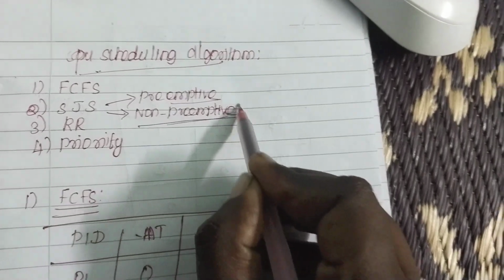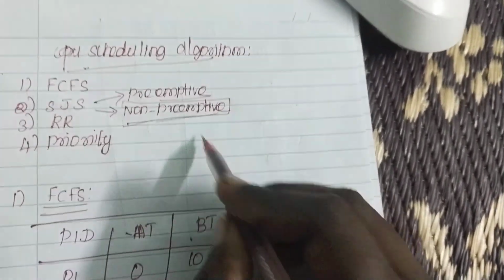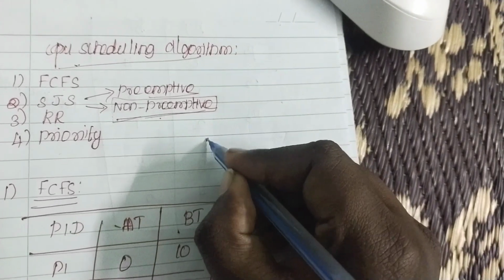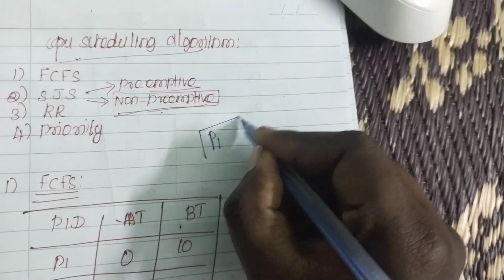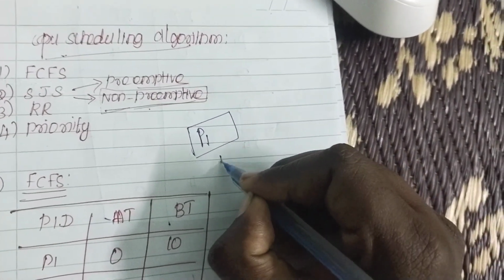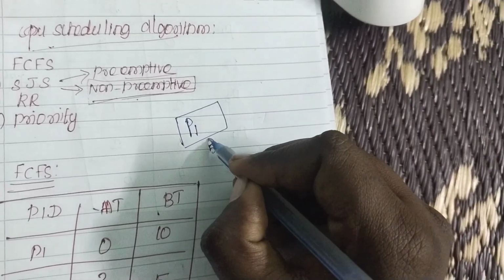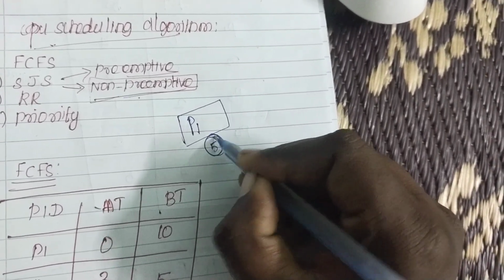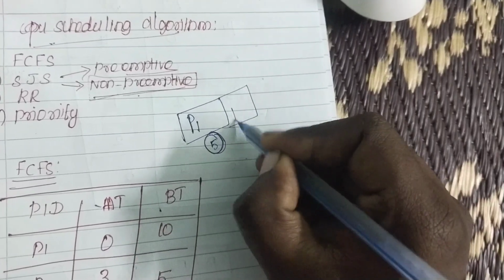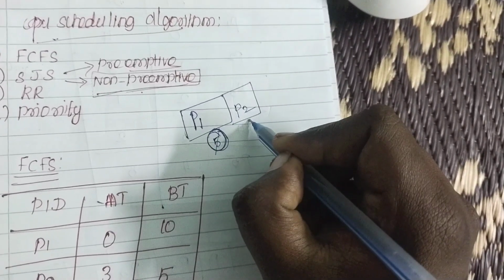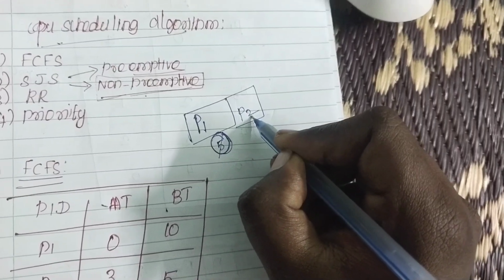First, non-preemptive is nothing but if I started any process, for example, I have started with P1. P1 needs to execute 5 milliseconds. Only if I complete the 5 milliseconds of P1 will we move to the second process. If it is not completed, I can't switch to the next process.